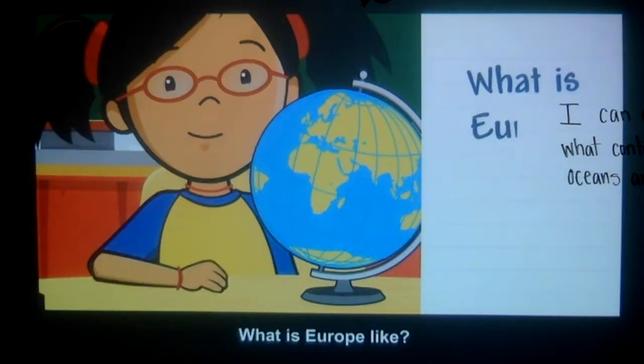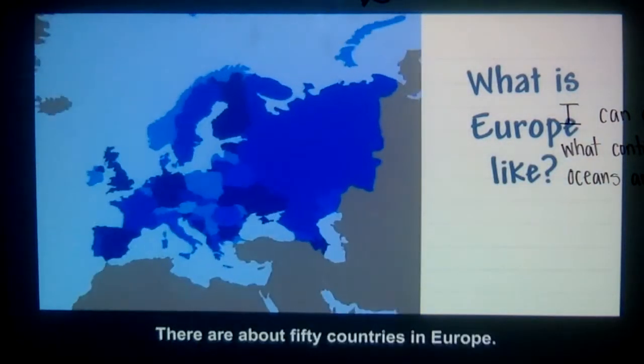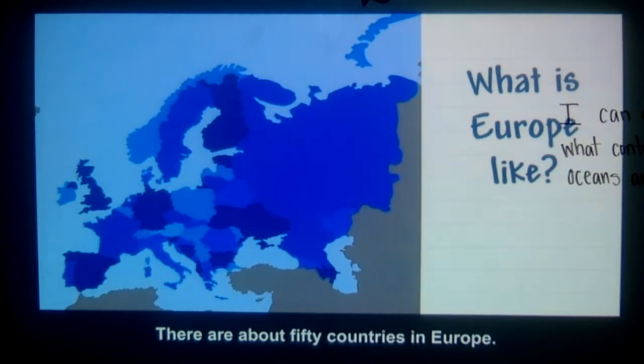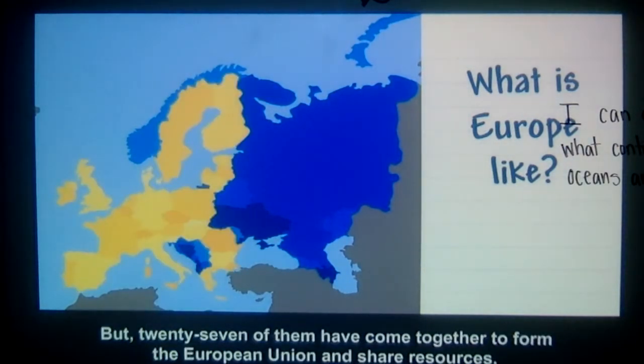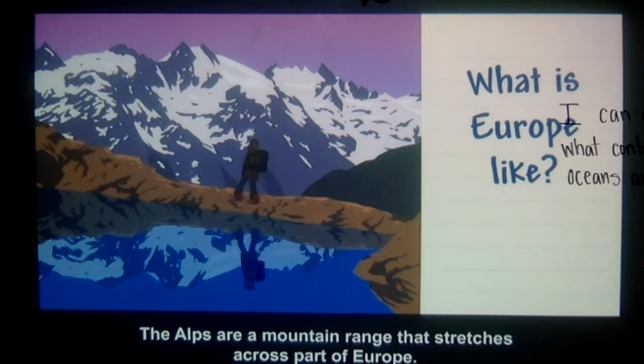What is Europe like? There are about 50 countries in Europe, but 27 of them have come together to form the European Union and share resources. The Alps are a mountain range that stretches across part of Europe.